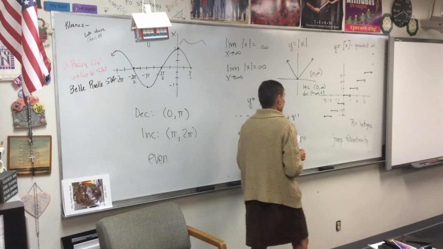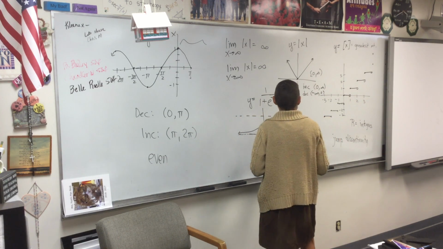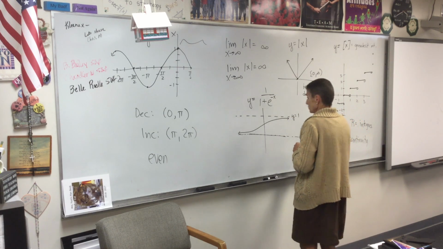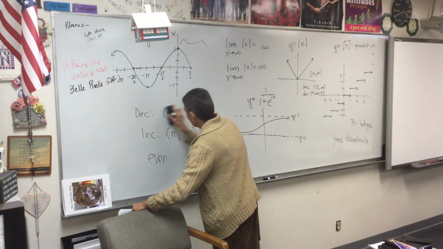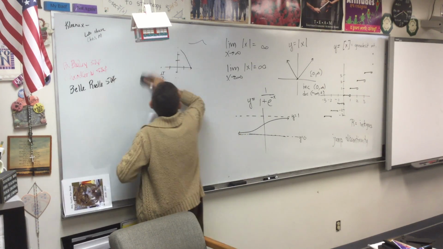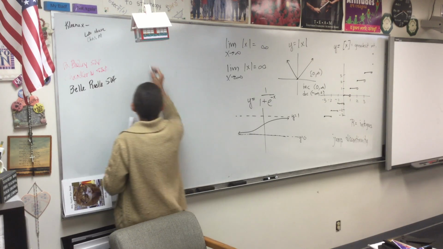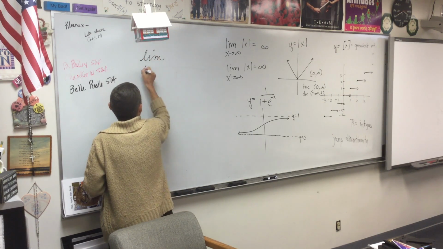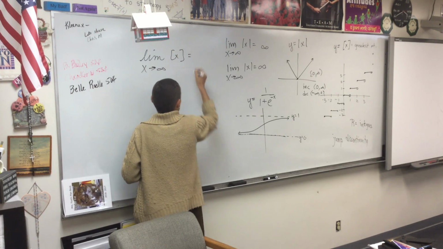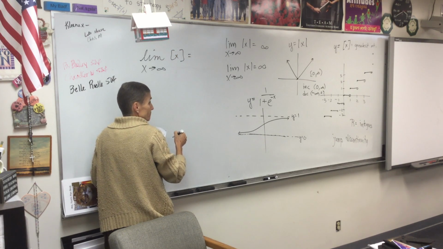Now, it does have end behavior. I'll write the end behavior over here. What's happening as we head off the page on the right side? What is happening to my greatest integer function?